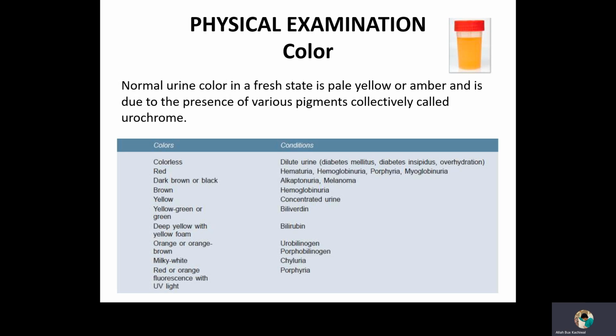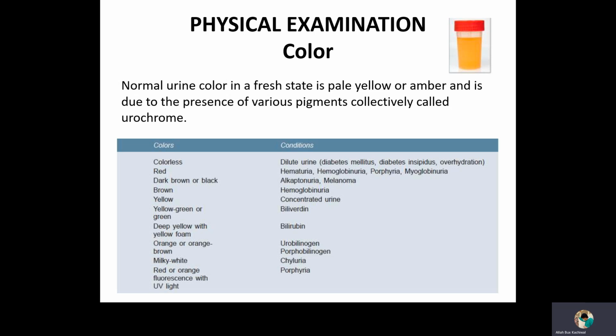Dark brown or black urine can be seen in alkaptonuria and melanoma, whereas brown urine can be seen in hemoglobinuria, and yellow can be seen in concentrated urine.